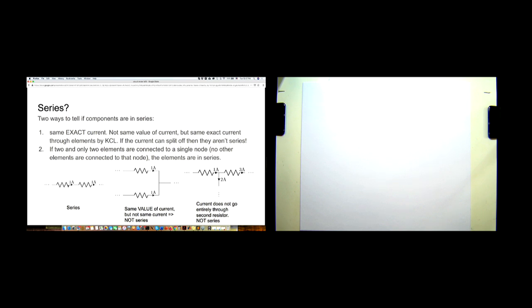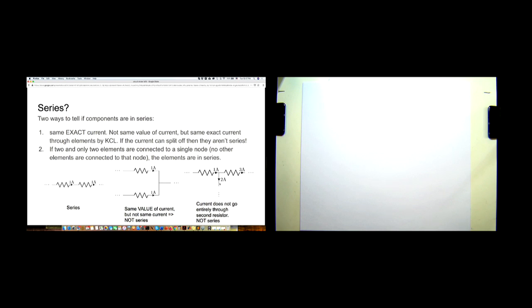Now, the second way of looking at it is that if 2 and only 2 elements are connected to one node, like in this case, then they are in series. If there's something else connected to the node, like in this case, or in this case, then the current is going to split up and you don't have a series connection anymore.